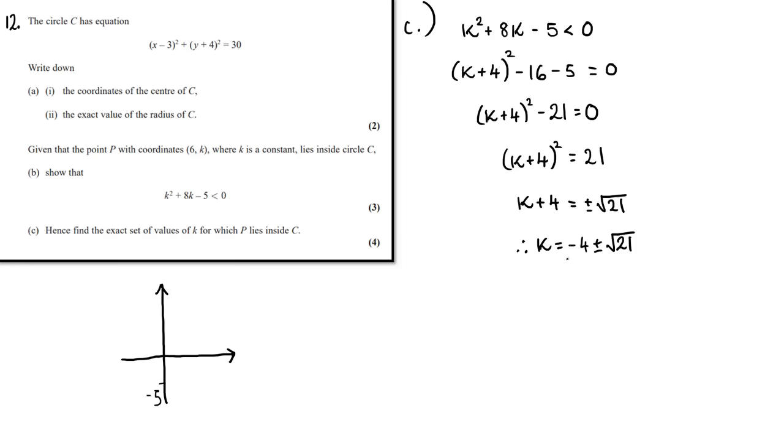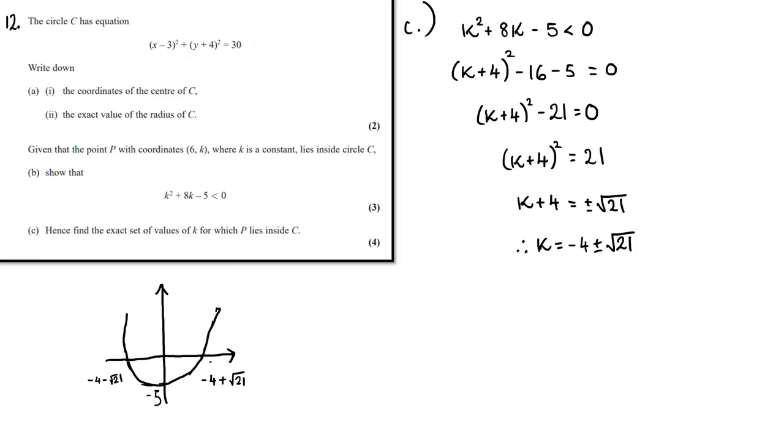It's going to cut through at minus 4 minus the square root of 21, say here, and then this point here, which is minus 4 plus the square root of 21. And then my quadratic is going to look something like this. It doesn't have to be perfect, just so we can see it.